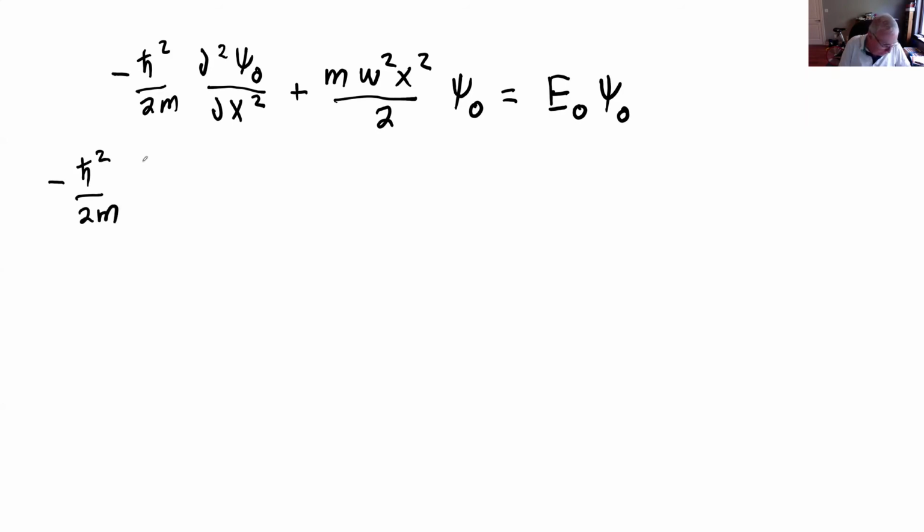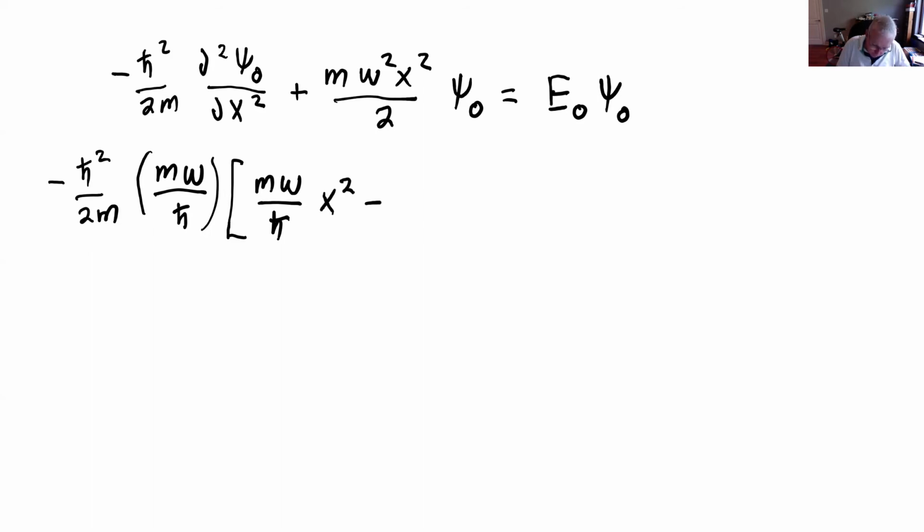Then we've got an m omega over h bar, times the part in square brackets, which gives me m omega over h bar x squared, and I've got a minus 1.